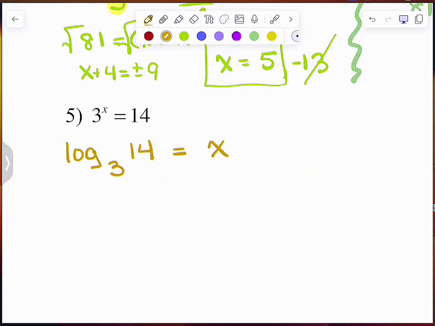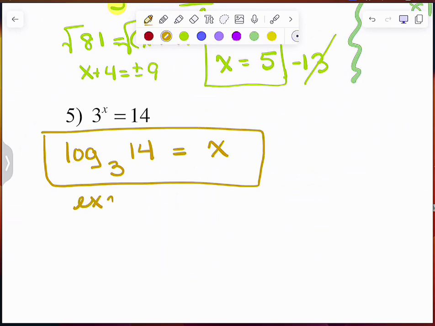If it's something that you can evaluate, 3 to the 3rd equals 27. If it's something I evaluate, then I need to evaluate it. If it is something that I cannot evaluate, I don't know what power of 3 gives me 14 because it's a crazy decimal. This is considered to be your exact answer.